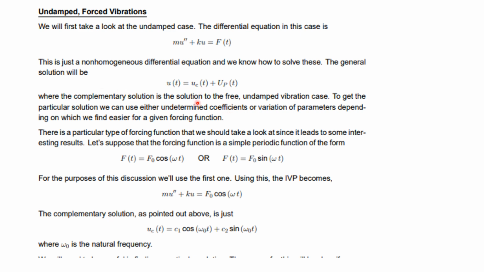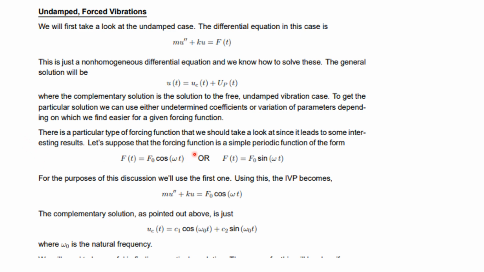And the complementary solution is a solution to the free undamped vibration case. To get the particular solution, we can either use annihilators or variation of parameters, and that depends on what the forcing function is. Okay, now there is a particular type of forcing function that we're going to look at here because it leads to some interesting results.